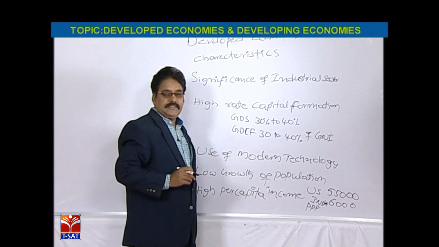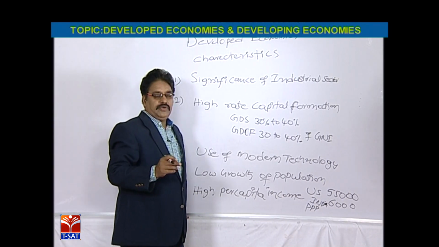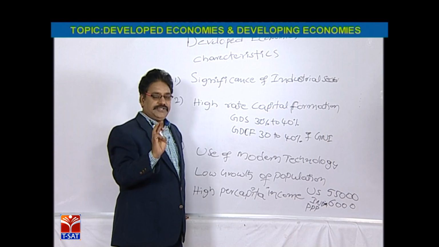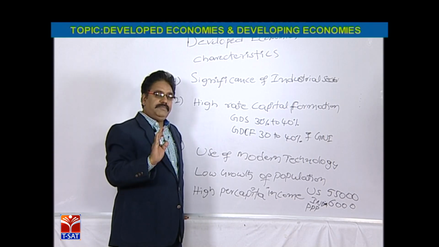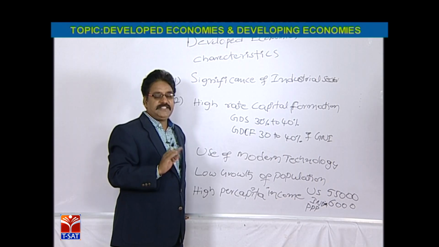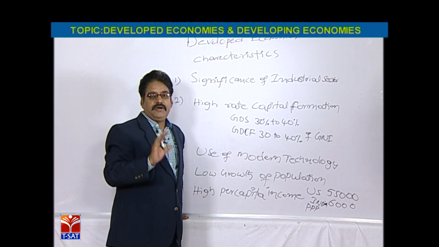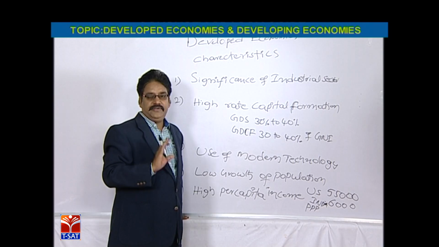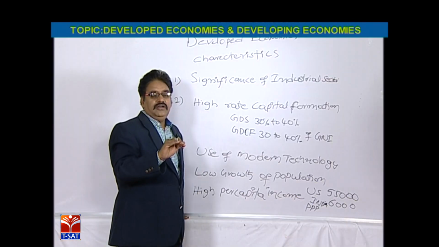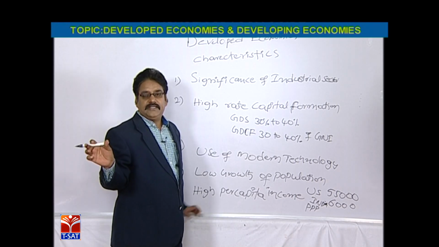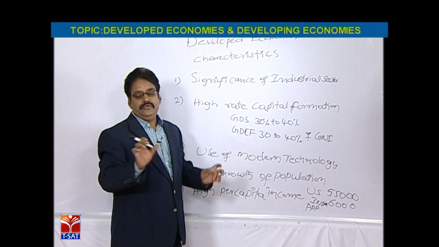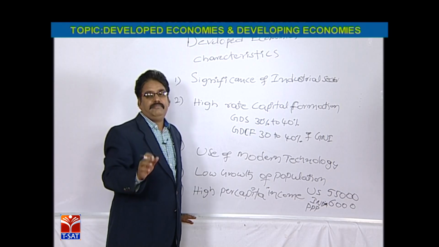Here we can assess the dollar-rupee value in two ways: according to the exchange ratio and according to purchasing power parity. Purchasing power parity means that a basket of goods bought with dollars and the same basket of goods bought with rupees can be equal. In that way we assess purchasing power parity.